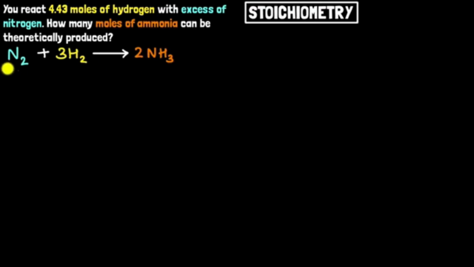Or in other words, if I had 1 Avogadro number of nitrogen molecules, meaning 1 mole of nitrogen, it would react with 3 moles of hydrogen to give me 2 moles of ammonia. So look, the balanced equation is telling me the ratios in which the reactants and products must be for the reaction to work.